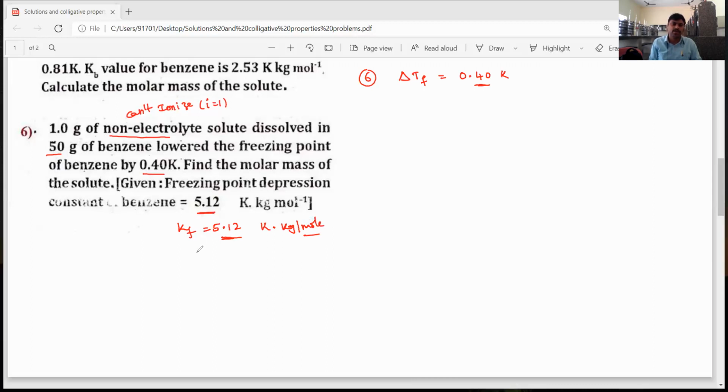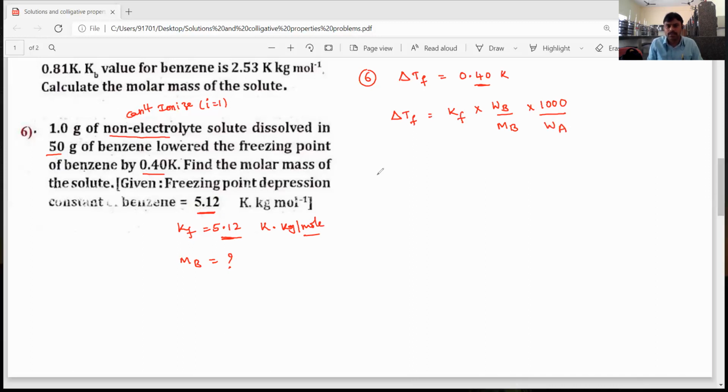So we need to find the molar mass of the solute. For this case, the formula is delta TF is equal to Kf into molality. Molality is weight of solute divided by gram molecular weight of solute into 1000 by weight of solvent.